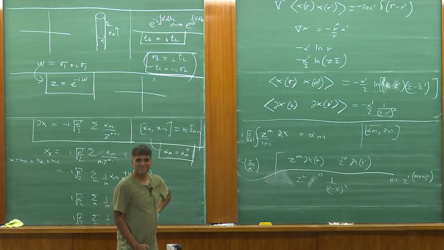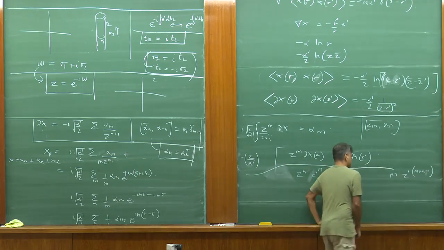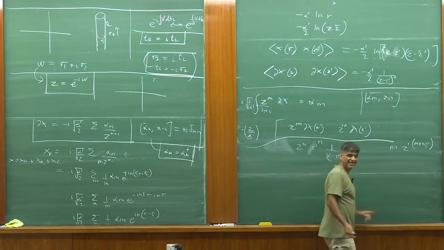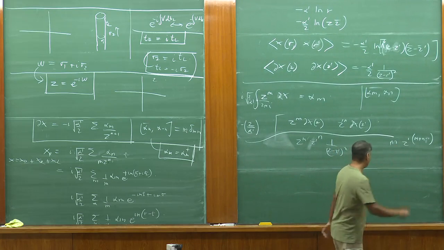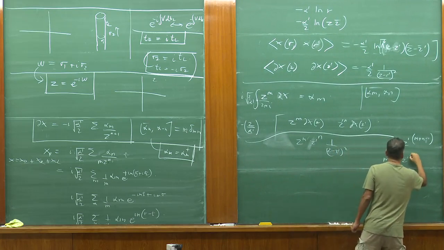Is this clear? Then this has to be contour integrated with a 1 over 2 pi i. So we get m times the contour integral of z prime to the power m plus n minus 1 over 2 pi i.